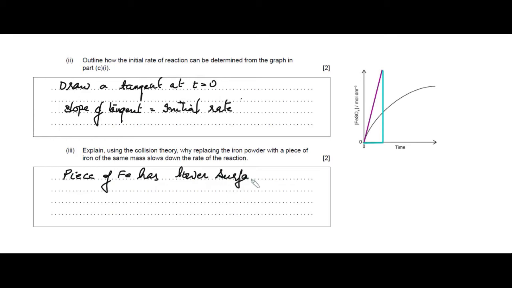So number of collisions will be less and rate of reaction slows down. Rate of reaction is slower. This is the marking scheme.